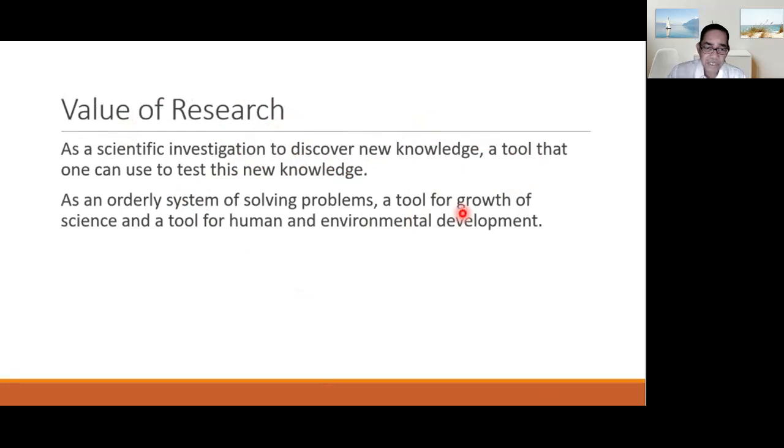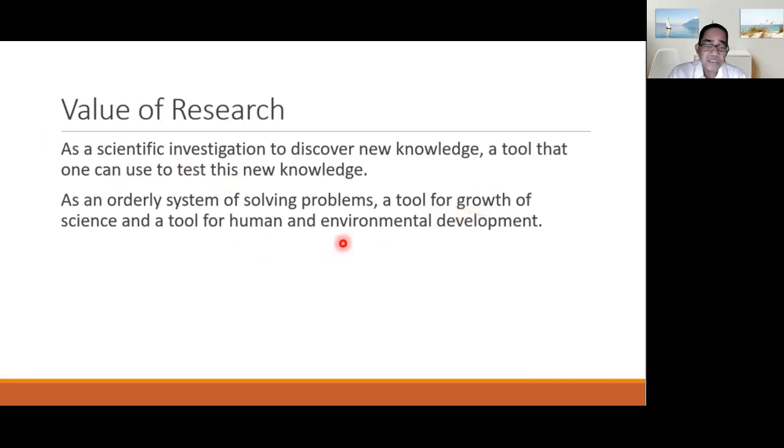Many times I see people making researches for things that we already know, for things that are already established. Somehow, if we want to make a research, that research has to contribute new knowledge.